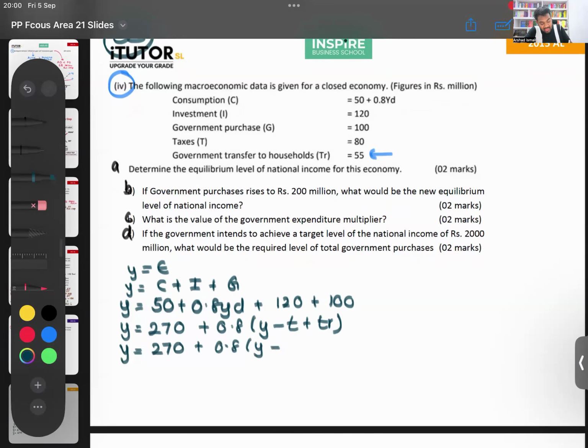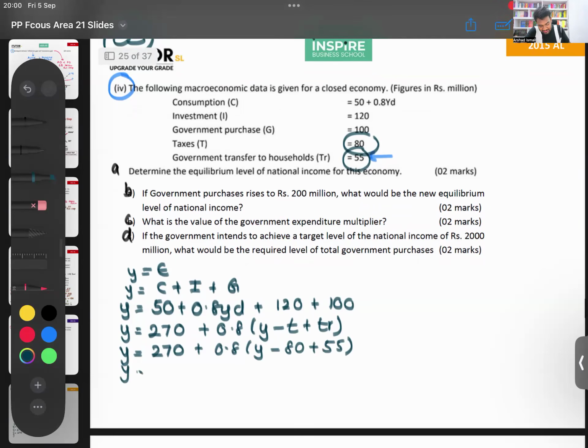My taxes are 80 and my transfers are 55. Then I will go one step ahead and simplify that: minus 80 plus 55 is minus 25. It's easier to open the bracket.